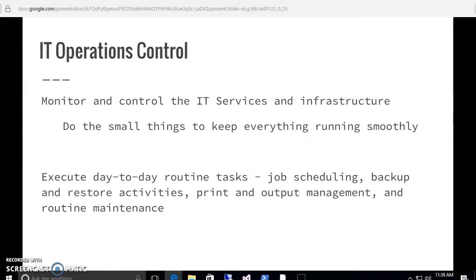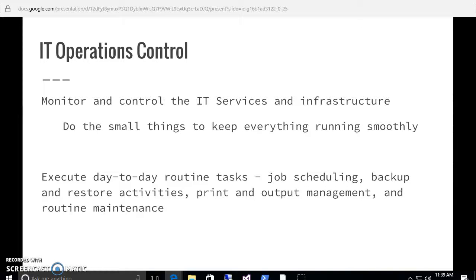Then with IT operations control, it's essentially doing day-to-day tasks, doing a lot of small, simple things that keep everything running smoothly. These are the things that are easy to overlook, but they really add up if you don't do them over time. So it's things like job scheduling, backing up and restoring, making sure that your print and output is managed correctly, and just performing routine maintenance to make sure that all your systems are performing as expected.